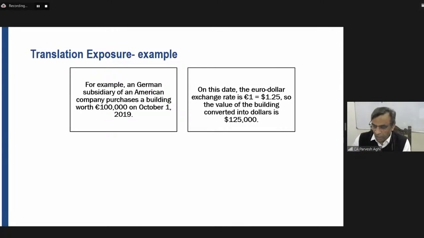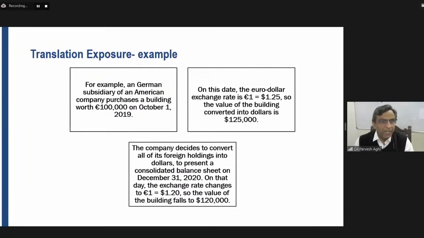Now, the company decides to convert all the foreign holdings into dollars to present a consolidated balance sheet on 31st December 2020. Normally the year end in the Western world is in December. Incidentally, 31st December 2020 happens to be the day today.